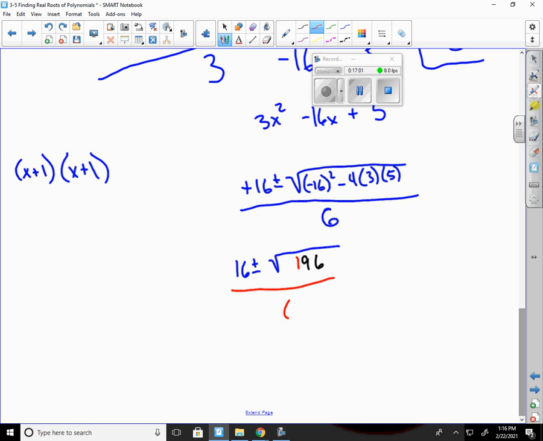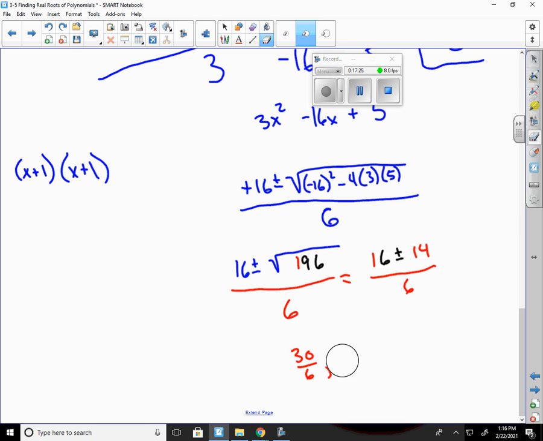And that's over 6. The square root of 196 is 14, so this is 16 plus or minus 14 over 6. 16 plus 14 is 30 over 6, which is just equal to 5.